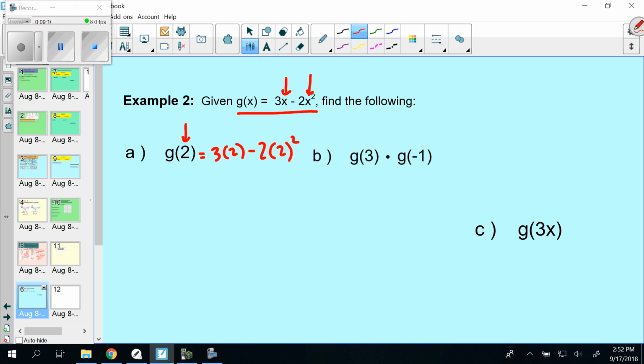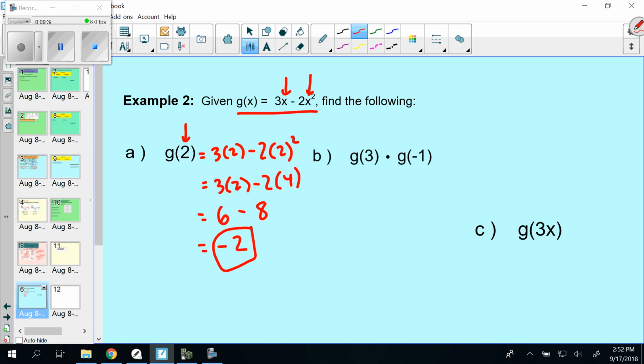And then it's just simplifying that out. Now just follow order of operations, what we talked about before. Parentheses are simplified. There is an exponent here, so that's what we should start with. 2 squared is 4. Now do the multiplying, you get 6 and 8. Simplifying, you get -2. You could also just do that with your calculator.